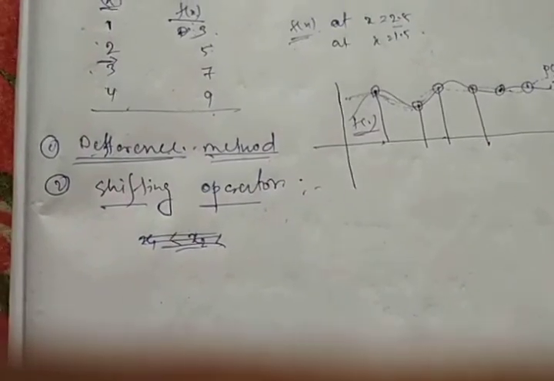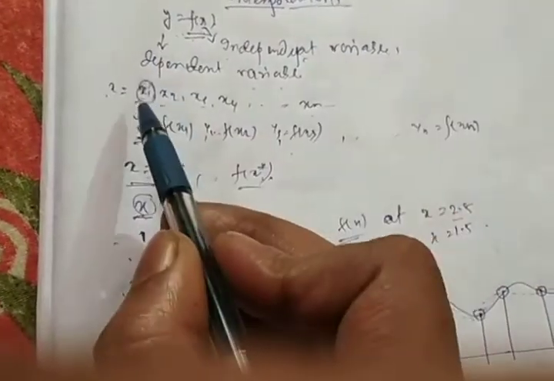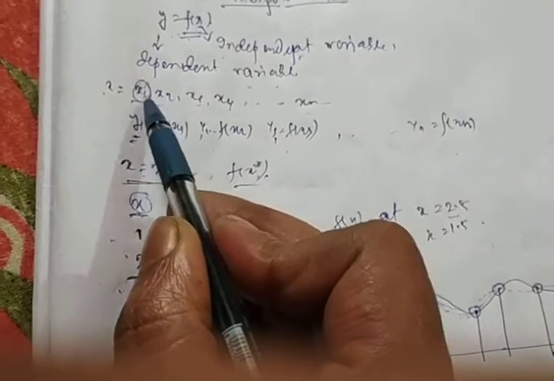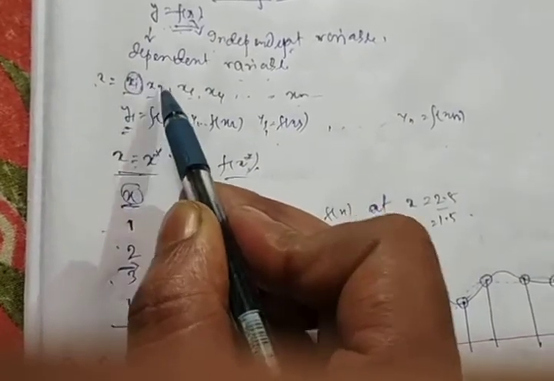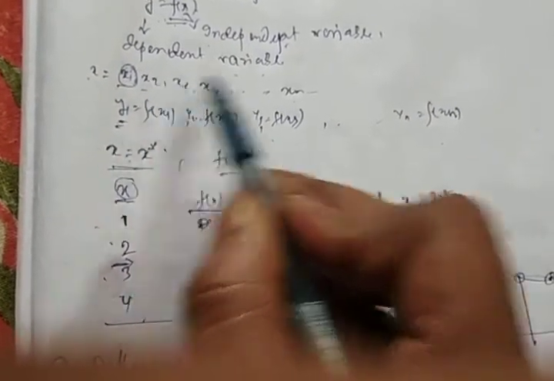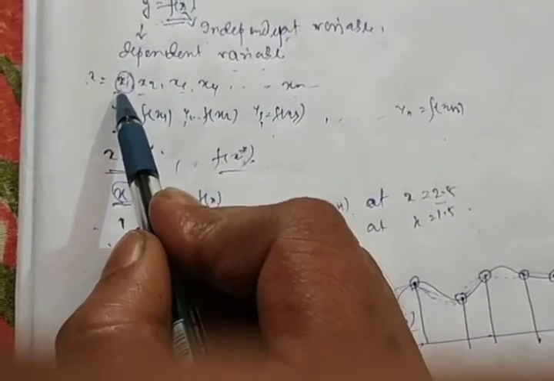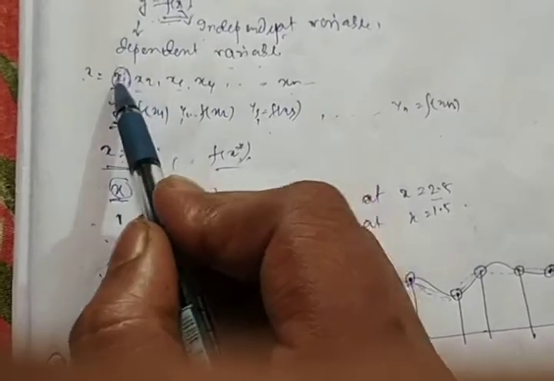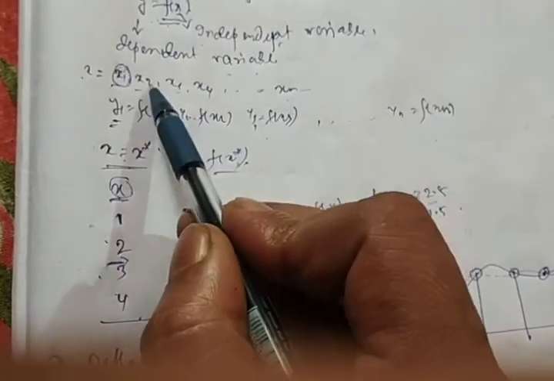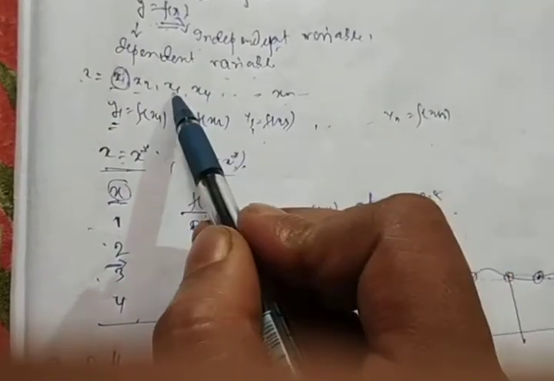First, the entries may be in equidistance, that is x2 minus x1 equals x3 minus x2, which also equals x4 minus x3.